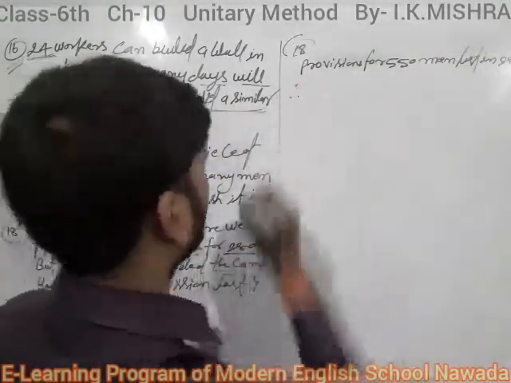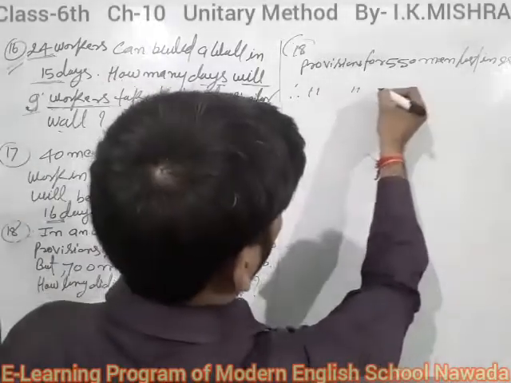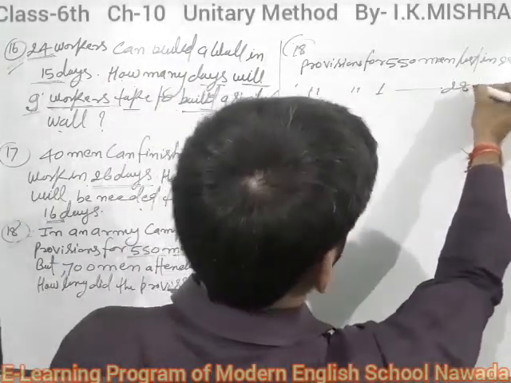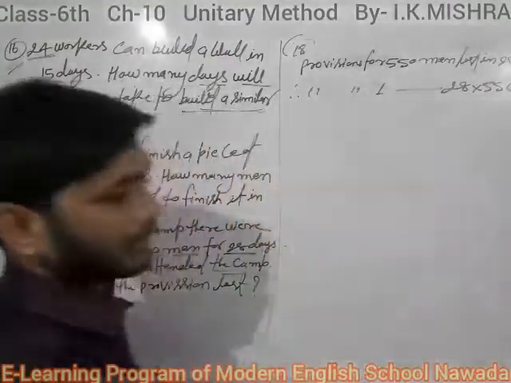So students, provisions for one man lasted 28 into 550 days.